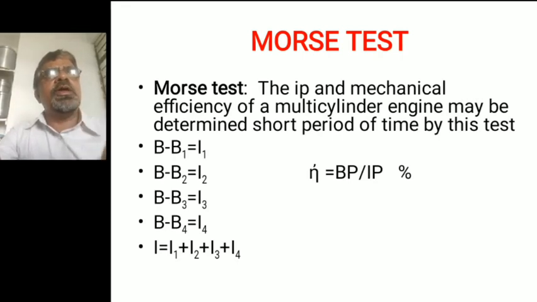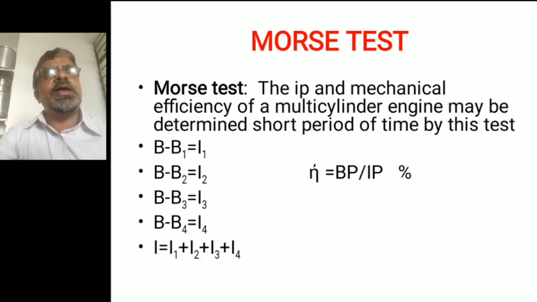First of all, if cylinder number 1 is rendered inoperative, it does not develop the indicated power. Then B1 is equal to, I1 becomes 0, I2 plus I3 plus I4 minus of F1 plus F2 plus F3 plus F4. In the same way, B2, B3 and B4.